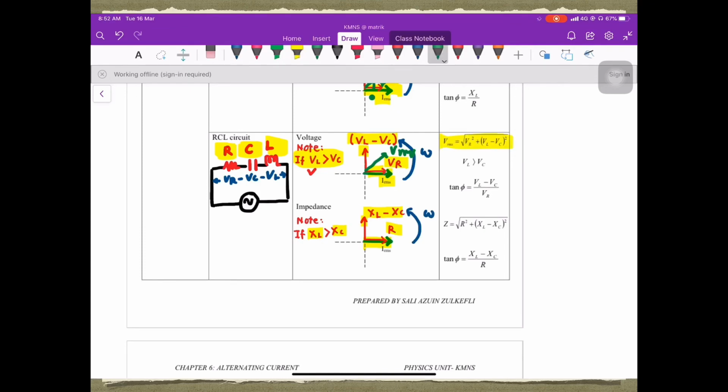And then to determine the phase angle, we find it from trigonometry. Same with the impedance. To find the impedance, this is the Z. Using Pythagoras theorem, we can find the value of impedance.